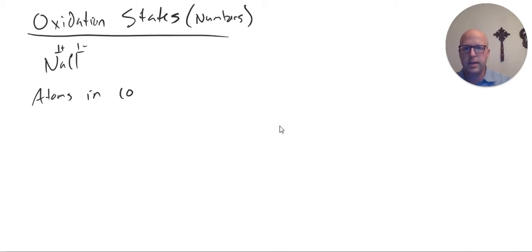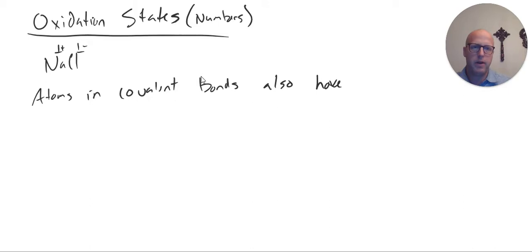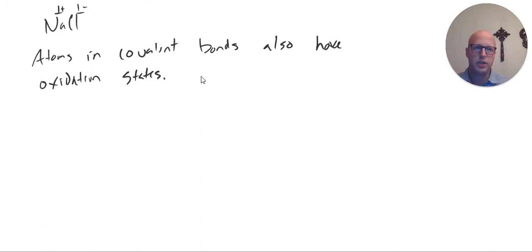Now, the reason that we need to talk about oxidation state instead of just calling it charges is that atoms in covalent systems, we'll just go with covalent bonds, also have oxidation states. Whereas an ion has an actual charge, an atom in a covalent bond has an assumed charge, or an oxidation state.